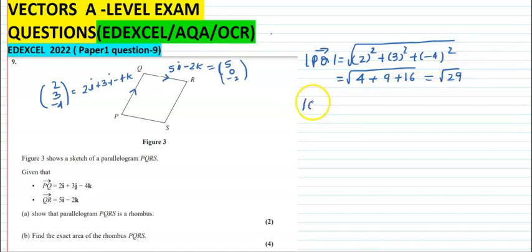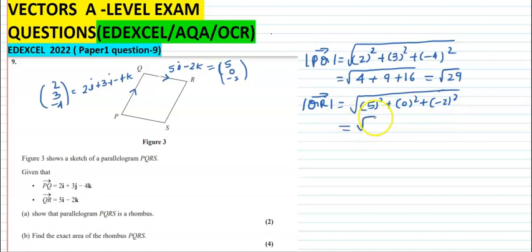Similarly, we can find the modulus of QR. The modulus of QR will be 5 squared plus 0 squared plus minus 2 squared. So 5 squared is 25 plus 4, this is also 29. So if you see PQ and QR, they have the same modulus, which means they have the same magnitude, that is root 29.